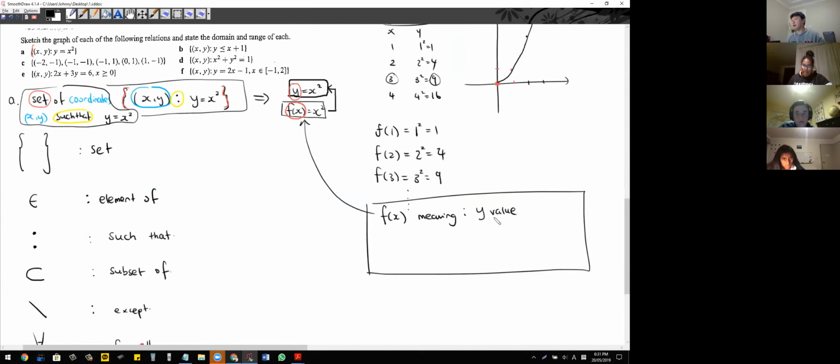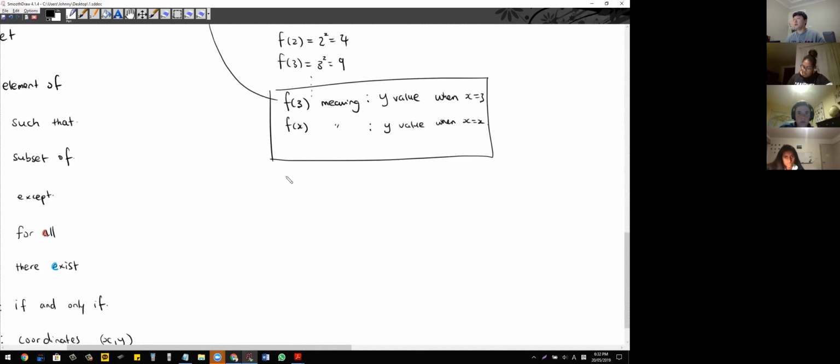That's the meaning of f of x. But it is the y value when, let's say, x is 3. What's f of 3? It's the y value when x equals 3. So the meaning of f of x is this: it's the y value when x is x. Okay?